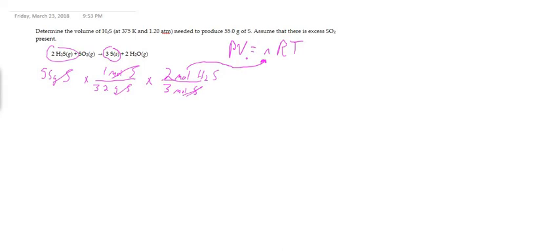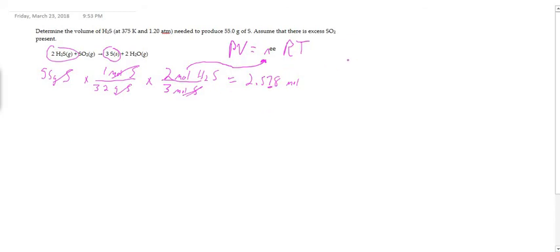This is going to give me 2.578 moles. From my sig figs, I know there's going to be 3 sig figs, so I'm going to underline it so I remember that when I plug that into my equation.